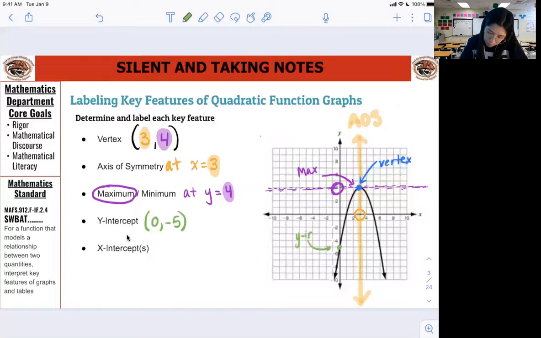In the maximum, there's only one number. It's not the whole coordinate. Exactly. Yeah. Okay. And then finally, the x-intercepts. Go ahead, share that with me in the chat as well. Where are my x-intercepts?